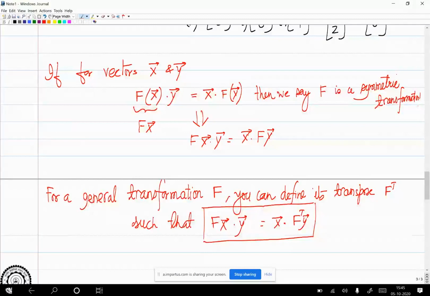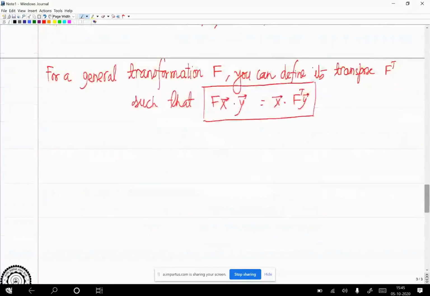Just like you remember for vectors, the column is the representation of the vector, which changes from one coordinate system to the other. Likewise, the matrix is the representation of a linear transformation, which will change from one coordinate system to the other. So I'll just make a remark here.